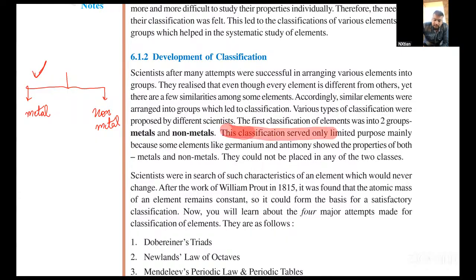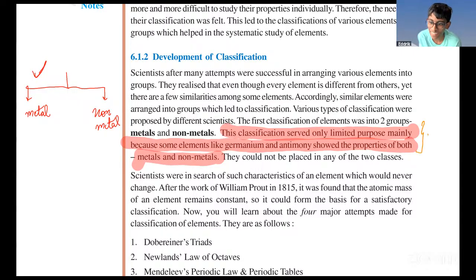This classification served only a limited purpose mainly because some of the elements like germanium and antimony show properties of both metal and non-metal. Those elements which show the properties of both metal and non-metal are basically called metalloids.